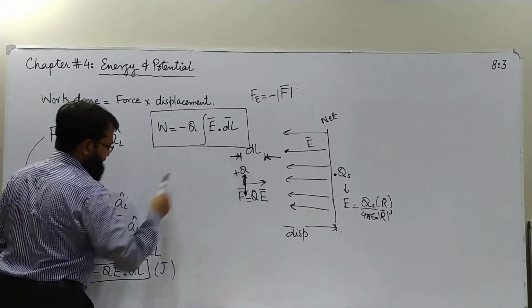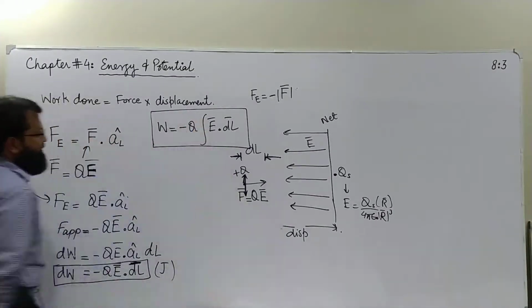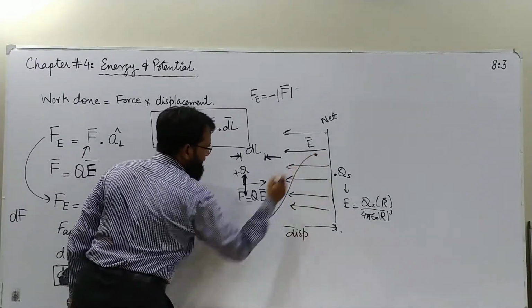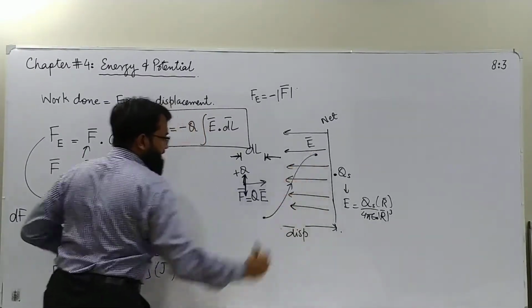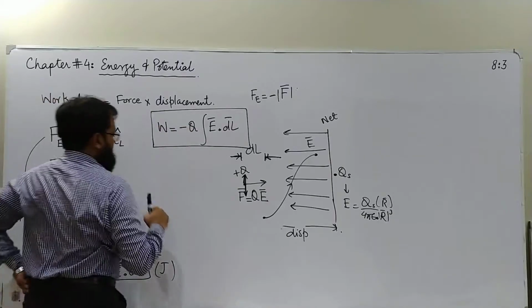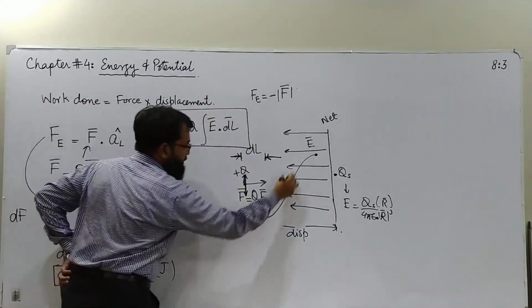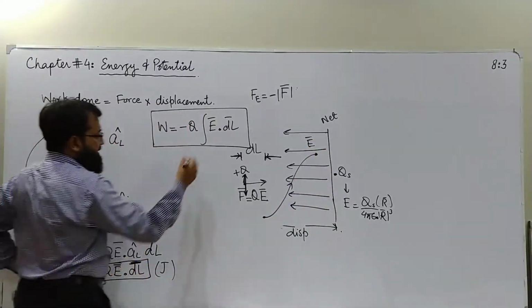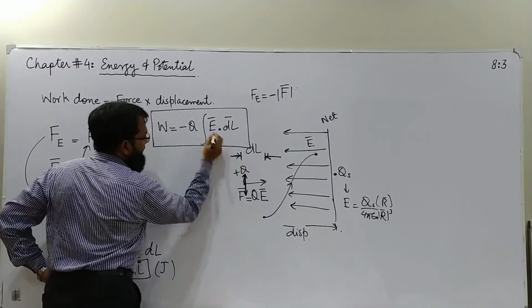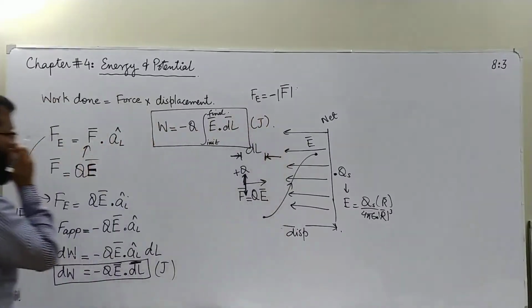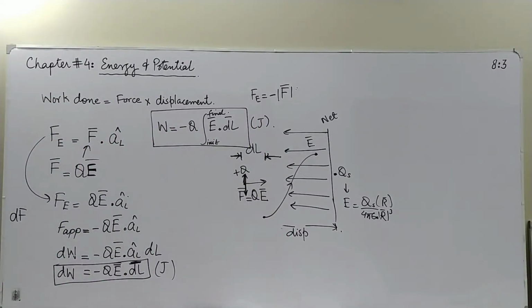Because throughout my journey I haven't changed the value of Q. If I want to move a point charge from here to here, throughout this journey I haven't changed the value of Q, so I can take it out of the integral sign. So this is the total work which I'll have to do while moving a point charge Q from here to here in the electrostatic field E. So integrate it from the initial point to the final point, and definitely the units will be joules, work done will be in joules.